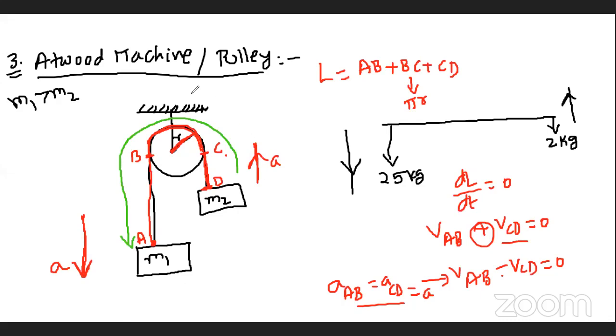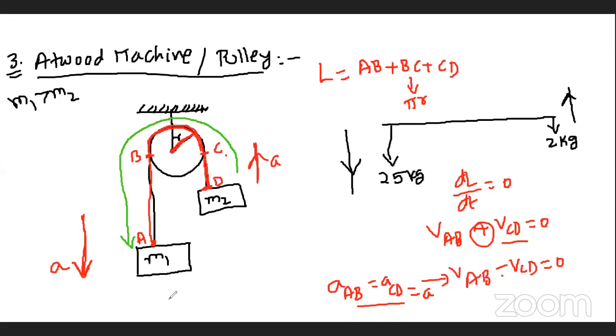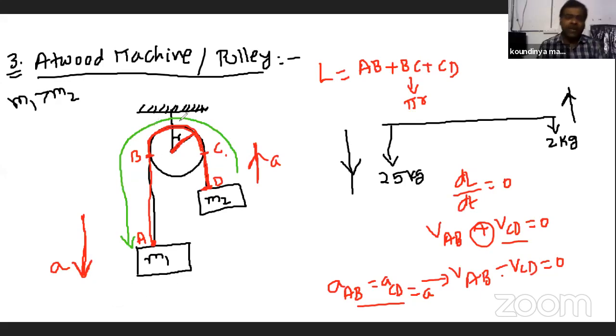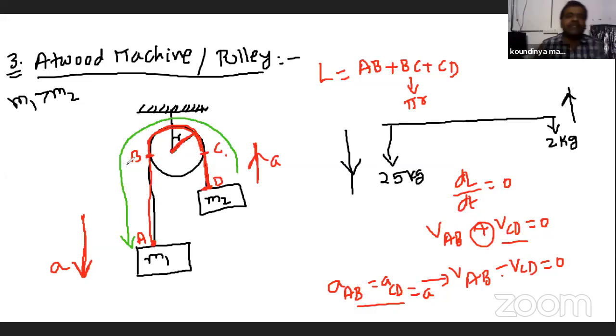So in every diagram, you must understand the direction of motion, how the pulley is rotating or how the objects are moving around the pulley. If you understand this, you will be able to write the equations. Firstly, I will draw the free body diagram.